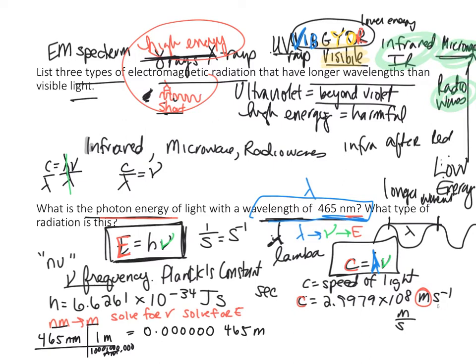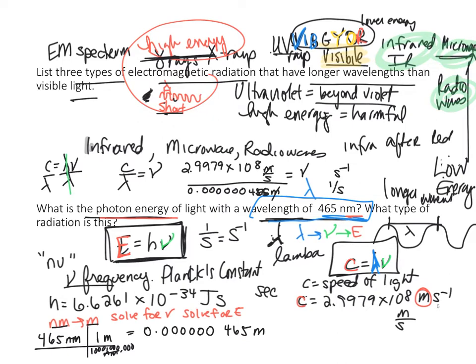So now I can take my constant, 2.9979 times 10 to the positive 8th meters per second, divided by the wavelength in meters, 0.000000465 meters, equals nu. And the meters are going to cancel out, and that's going to leave me with s to the negative 1, or 1 over s.